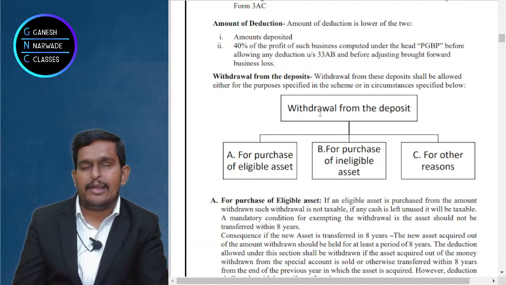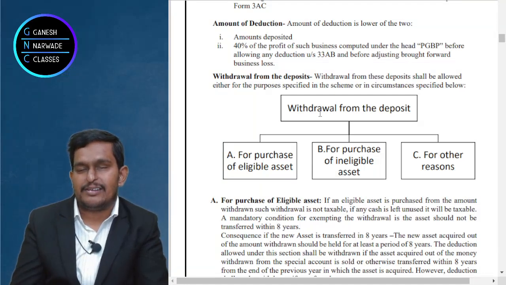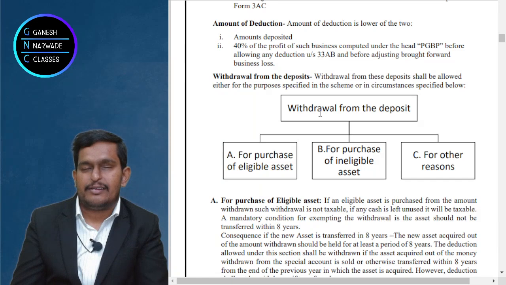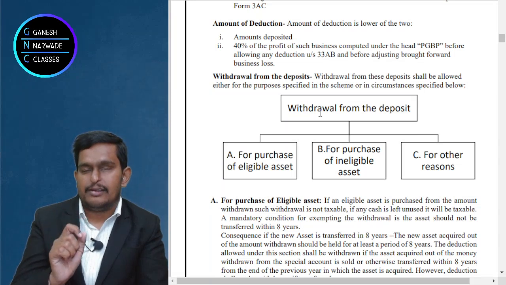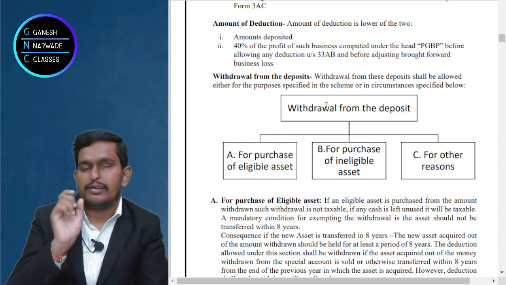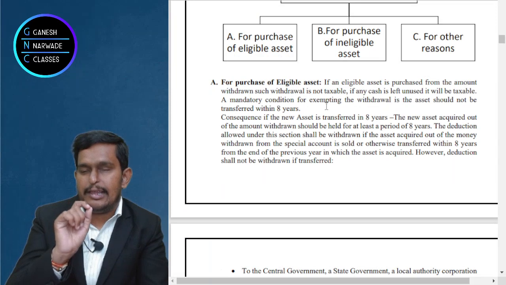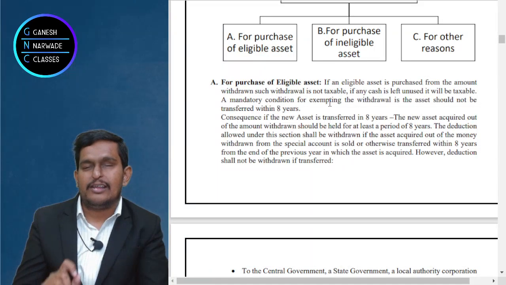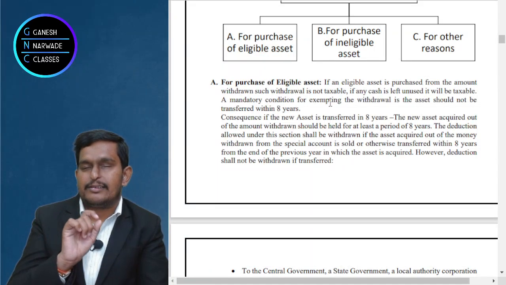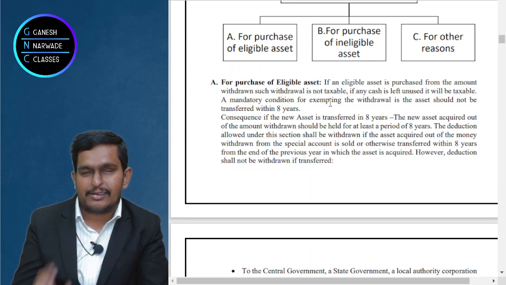Now when I say 40% of profit, please remember, this profit is before the 33AB deduction, or before the set off of losses.